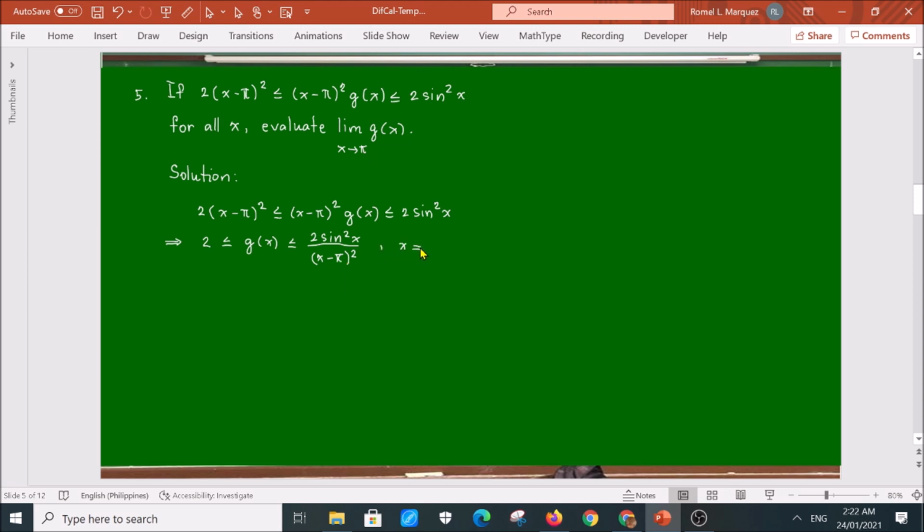So for x not equal to pi, here we can take f of x to be equal to 2 and h of x to be equal to 2 sine squared of x over (x minus pi) quantity squared.